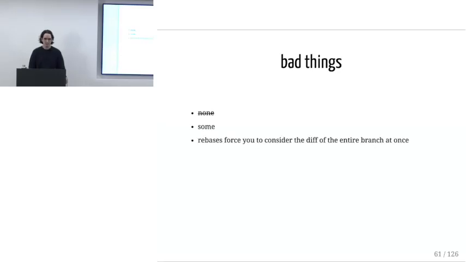In particular, you sort of have to diff an entire branch at once. In the beginning, you can get away with reading a single commit at a time, but as soon as something, like, it doesn't really make sense. You've seen the future. You can't really go back after the rebase and read one thing at a time.